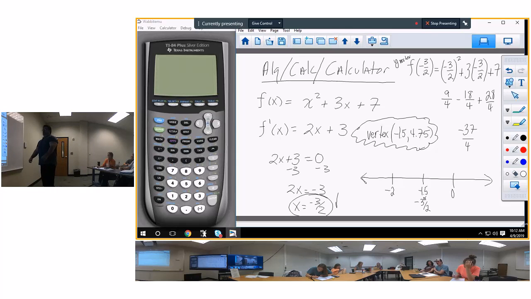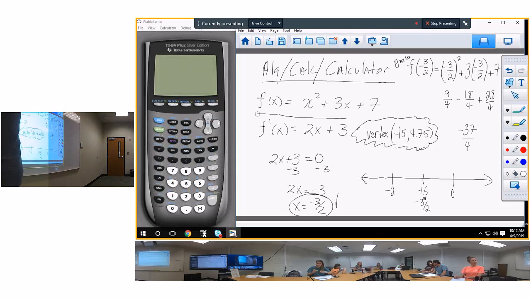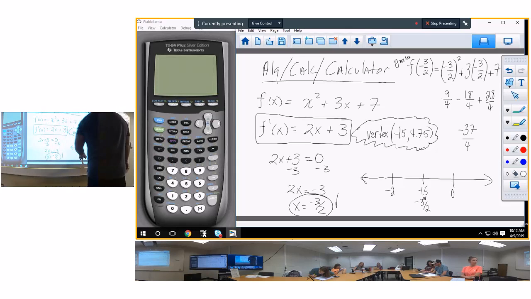All right, so where are we going to put it? Well, you're going to plug this back into the first derivative right here. What is negative 2 times positive 2? And what's negative 4 plus 3? So it's negative, right? So this side is going to be negative.